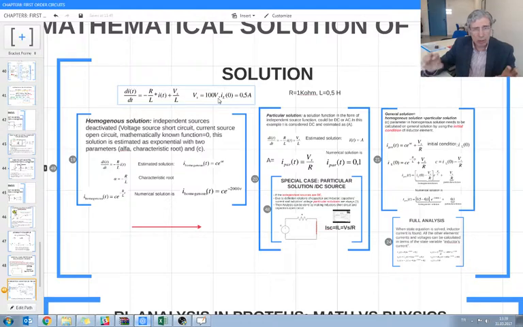Why are we examining those two independent sources specially? Because the DC source is the battery one. All the electronic circuits have got a DC source. Consider your telephones, consider automobiles. These are all DC driven equipments.